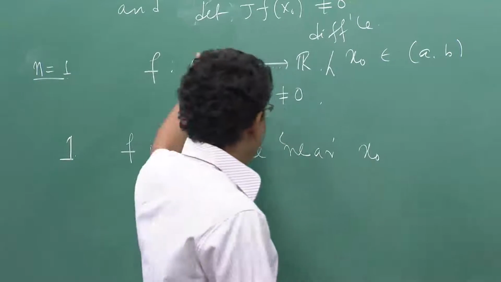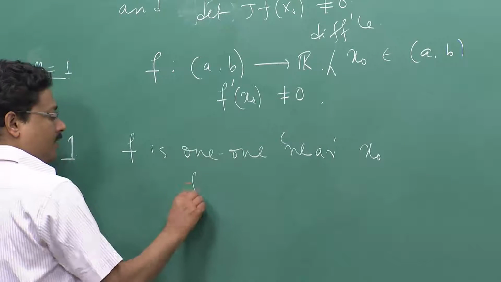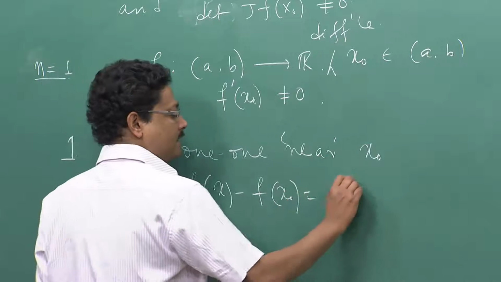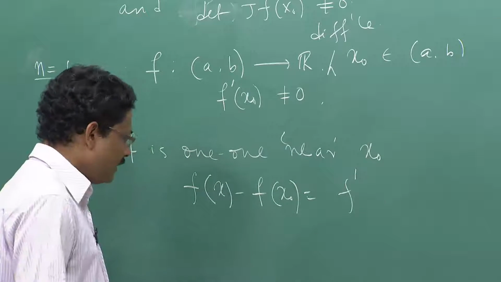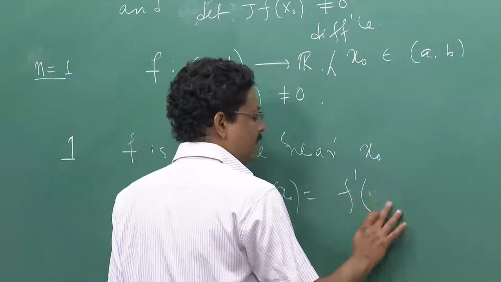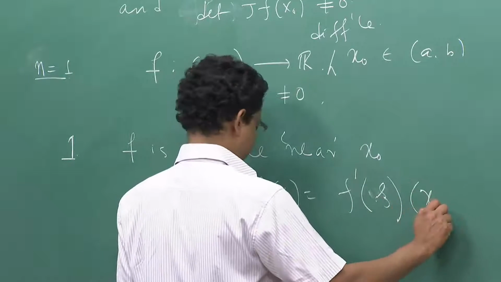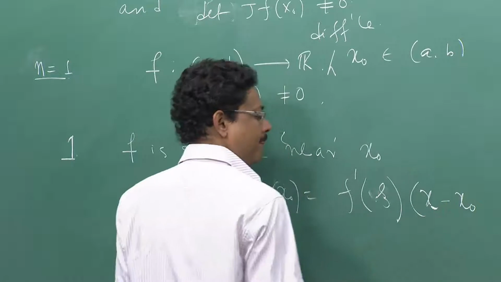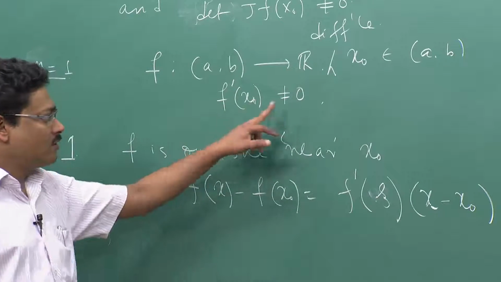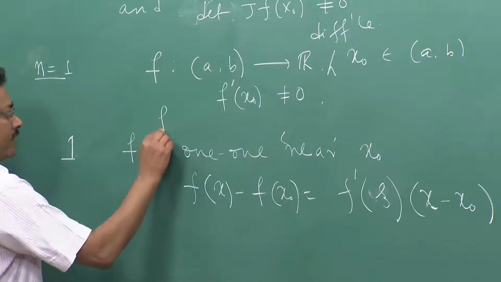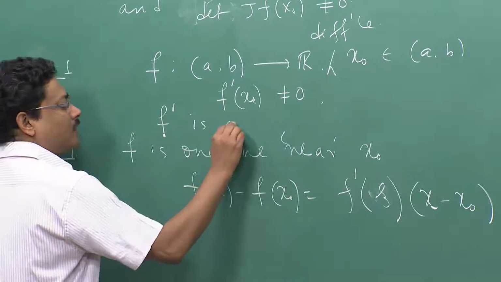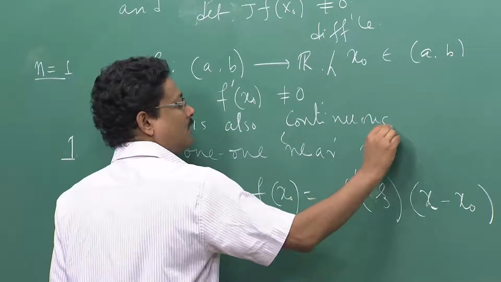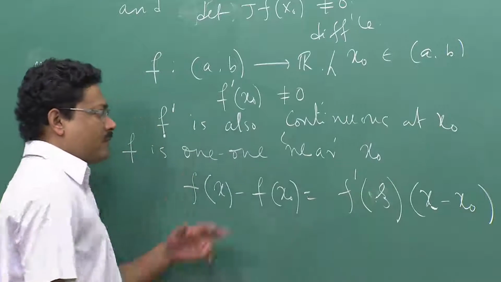Why? Okay, for a function of one variable, if I take f of x minus f of x naught, this is f prime of xi into x minus x naught. If f prime of x naught is not equal to 0, and I put this condition, as I said we need, that f prime is also continuous at x naught, then suppose it is non-zero.